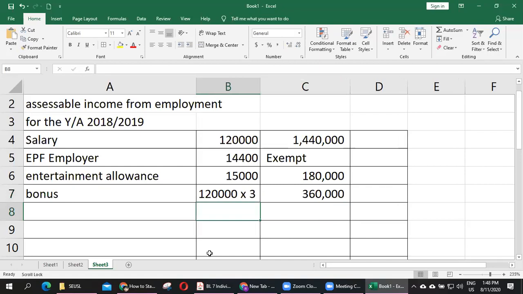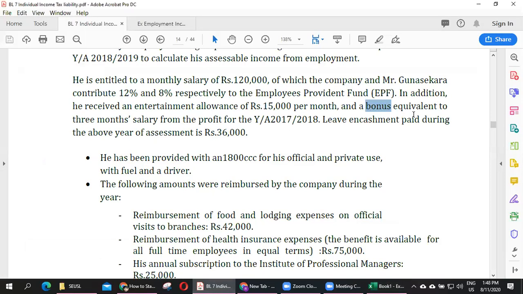And further, a bonus equivalent to 3 months salary from the profit for the year 2017-18. Whether we have to include it in the calculation or not? One month salary is 120,000, 3 months salary 360,000.